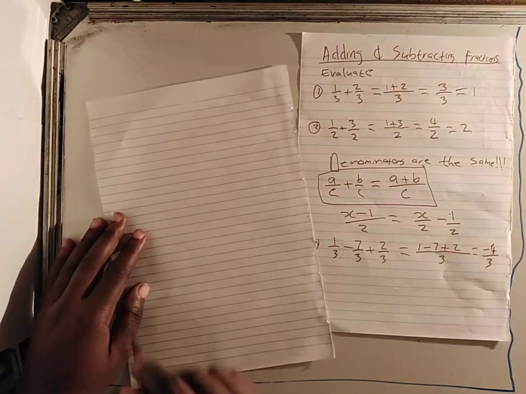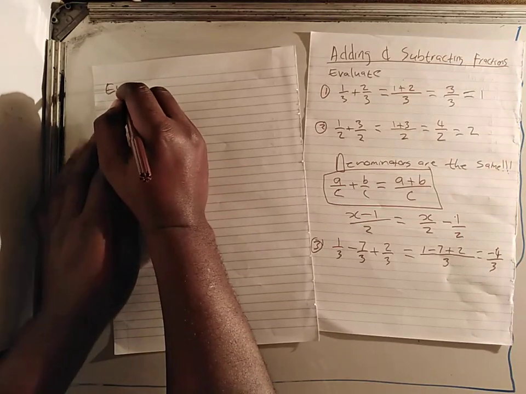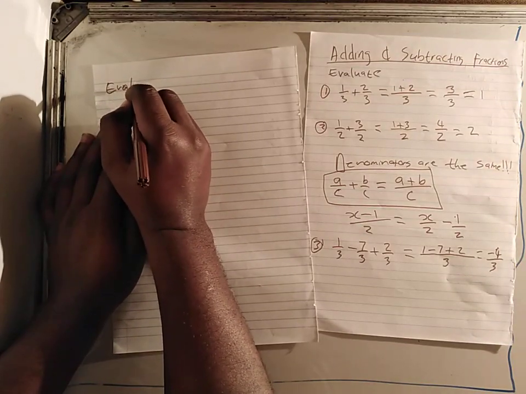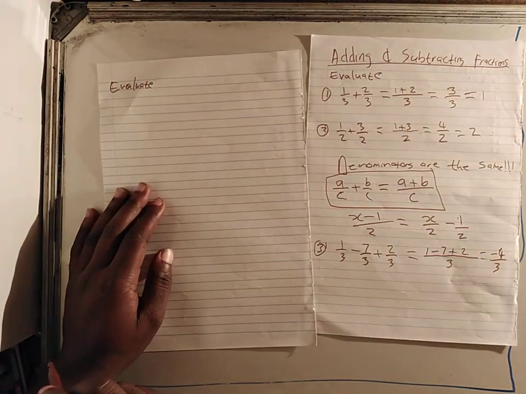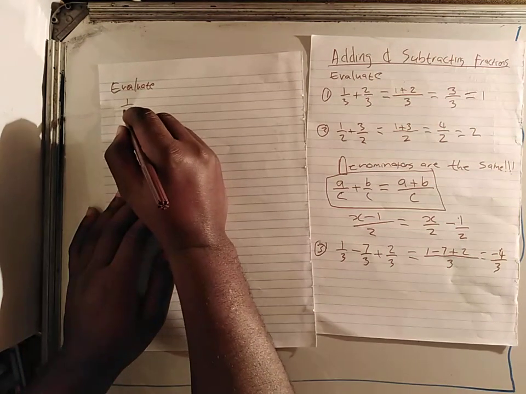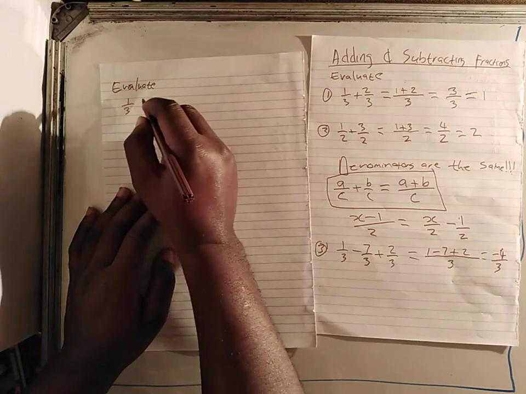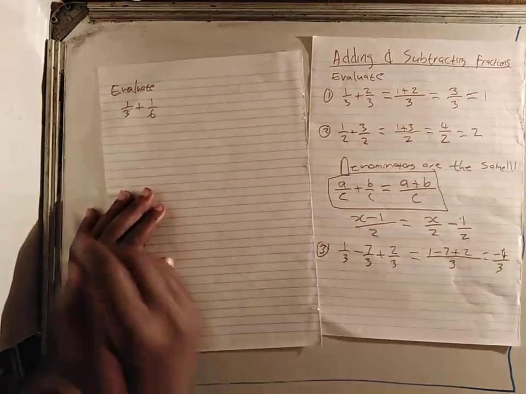Let's say we're supposed to evaluate now this one. It's 1 over 3 plus 1 over 6.